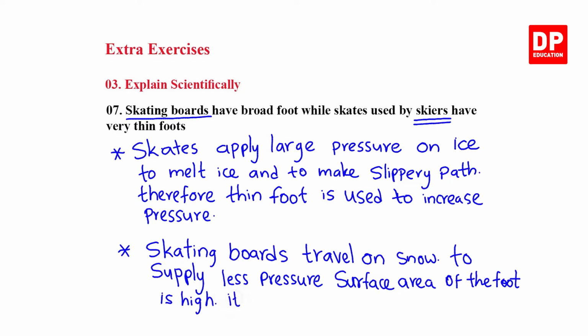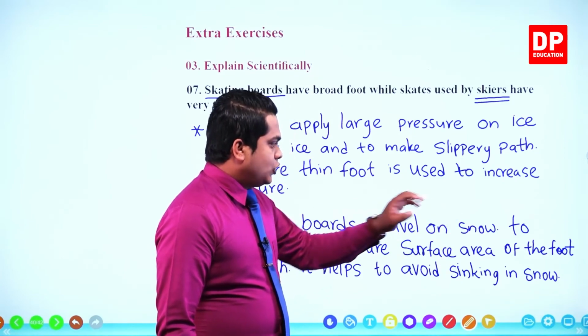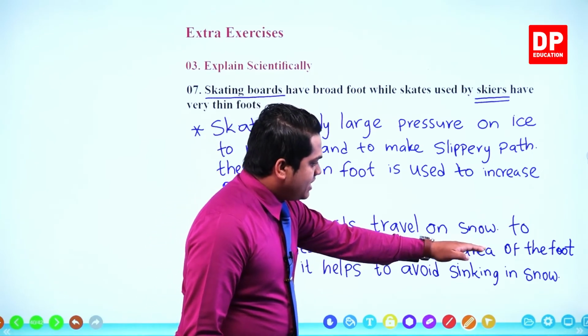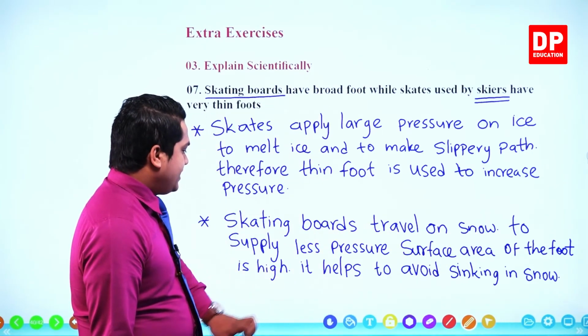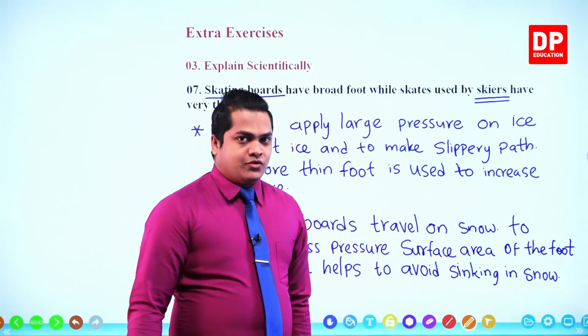It helps to avoid sinking in snow. Right. So, skating boards travel on snow. To supply less pressure, surface area of the foot is high. It helps to avoid sinking in snow.